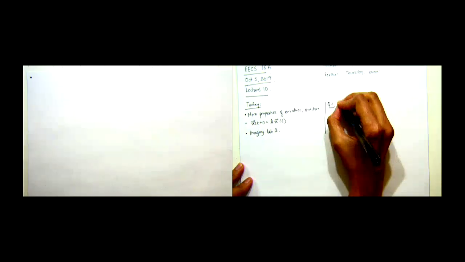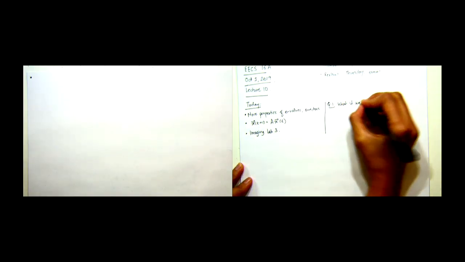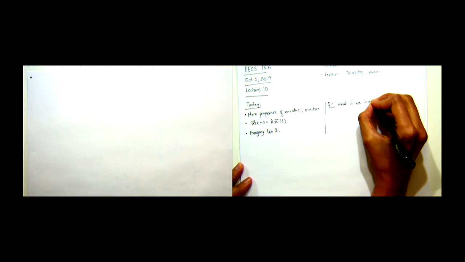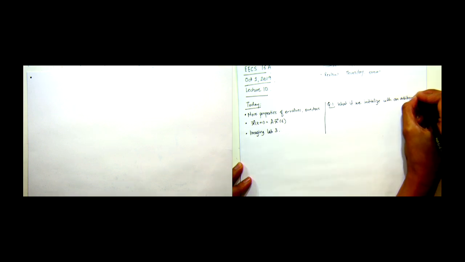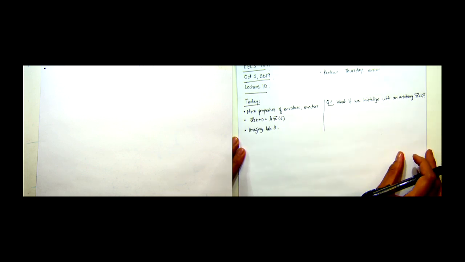How do we understand exactly how the system will behave if I initialize with some arbitrary x naught? And this is the question that we want to try and understand first. So what if we initialize with an arbitrary initial state? Okay? And how is this connected to basically eigenvalues, eigenspaces, and eigenvectors?